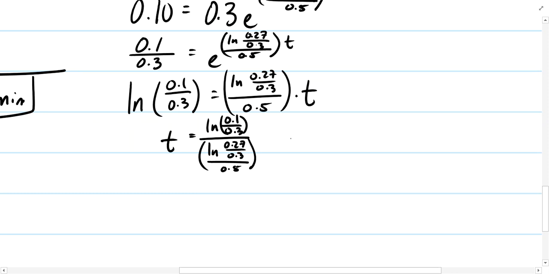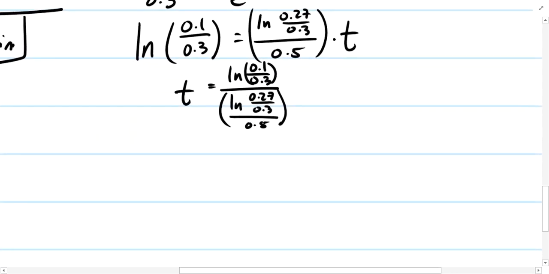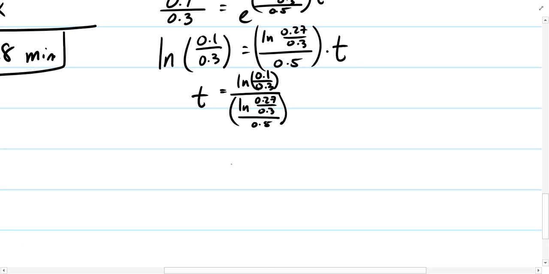Can you see why I'm not a big fan of this technique, especially when we're going for precise answers? And let's also keep in mind that this time result is actually going to be measured in hours. So we really should correct it for a measurement in minutes, which can be done by taking this result in its entirety and multiplying it by 60 in order to convert from hours to minutes.